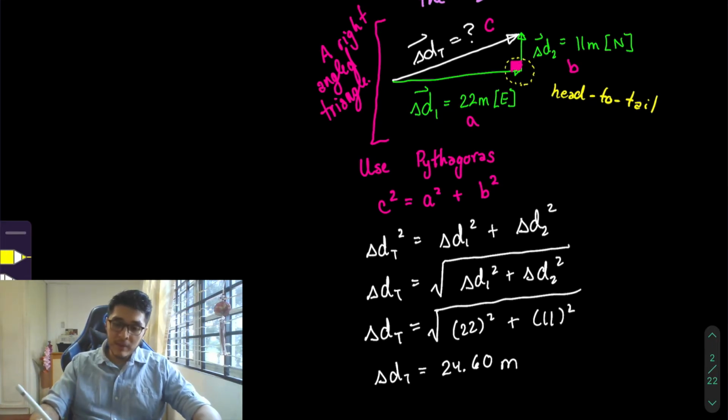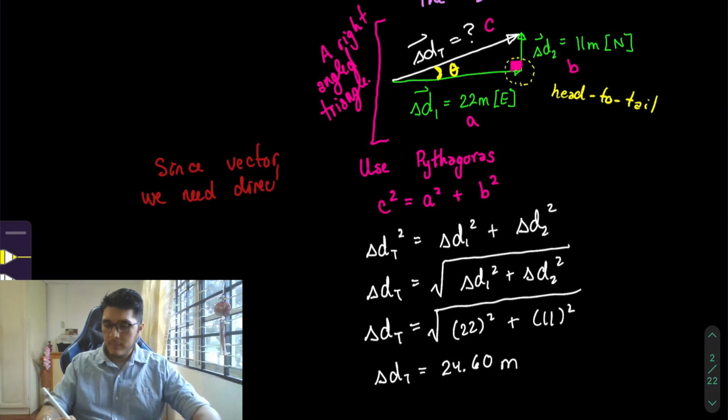So what do we mean by direction? It's going to be the angle that the vector makes relative to the horizontal, which is the x-axis. So let's call this theta. And this theta, we're going to take it relative to the horizontal.